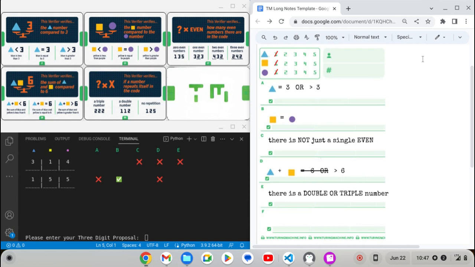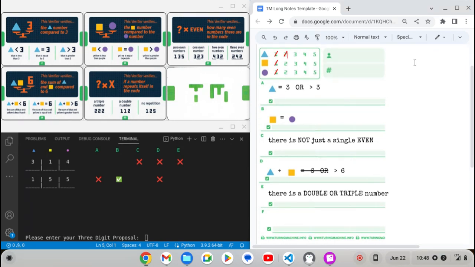Okay, so that means that triangle is not a 2. Yep, we can cross out this 2. Okay, well, that does it for this turn. Oh my gosh, we've done 6 tests, and I don't feel like I'm anywhere close.